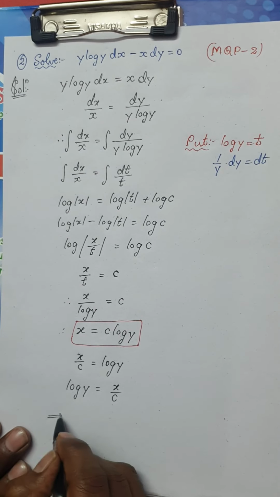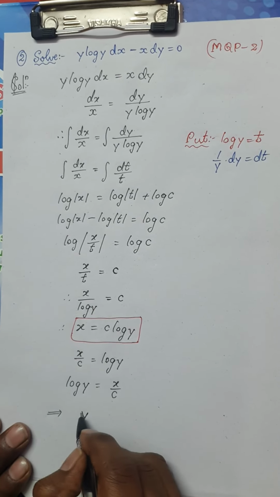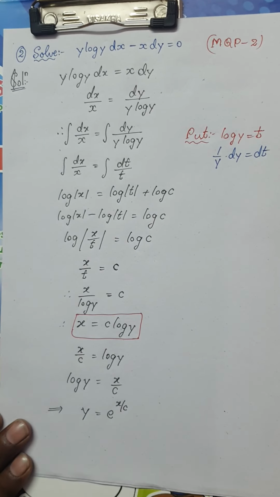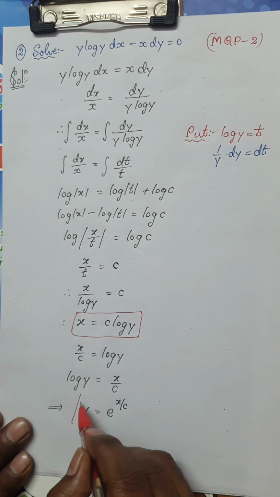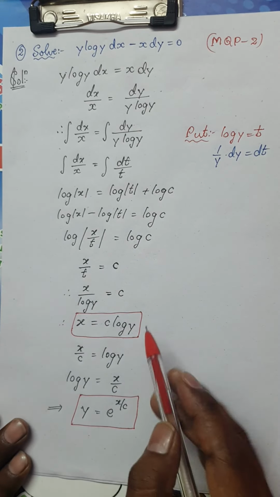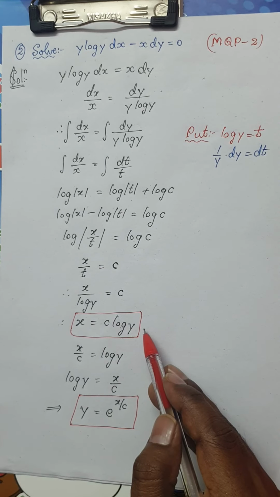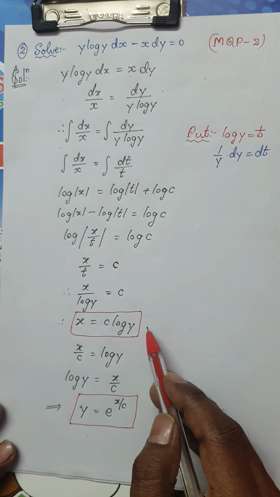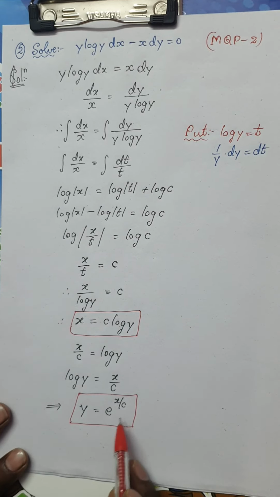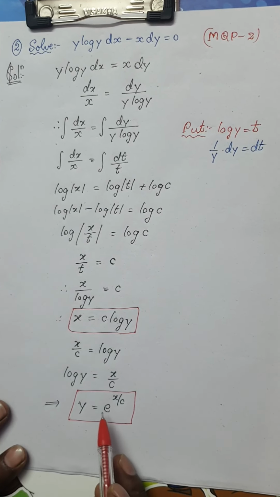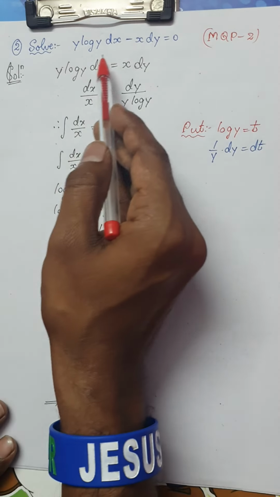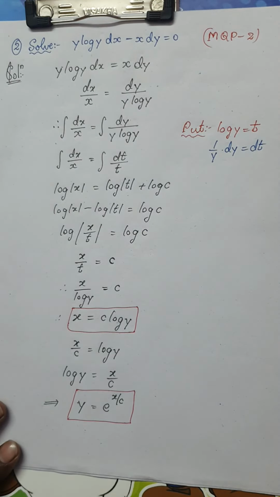This implies if log y is equal to x divided by c, then y would be e power x by c. This is the most standard form of writing the function. This is enough for you to get 3 marks in your second PUC, but at the CET level, your options would be of this kind. So y is equal to e power x by c is the final answer for the above given differential equation.